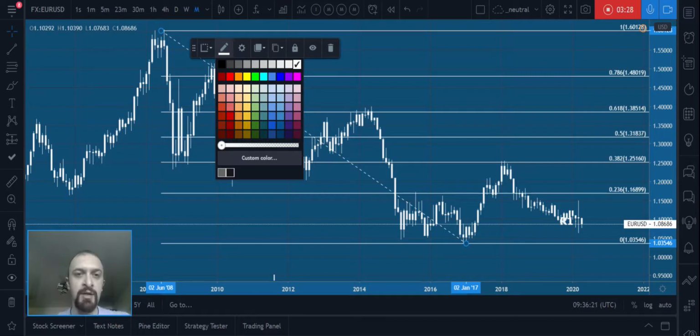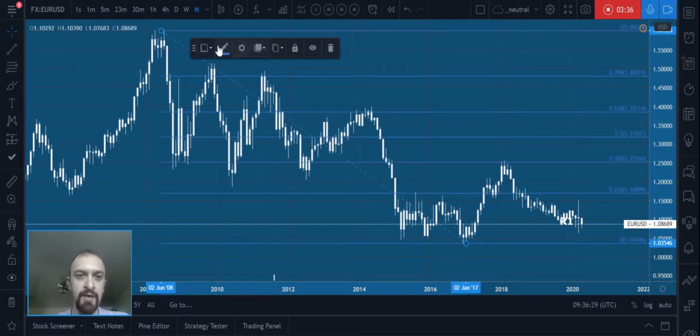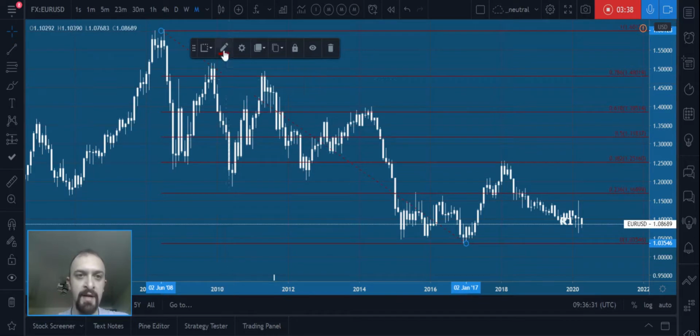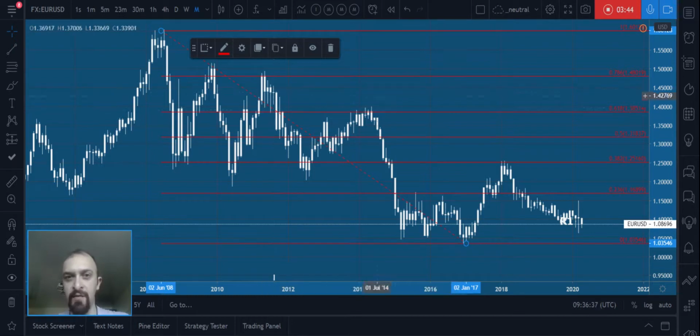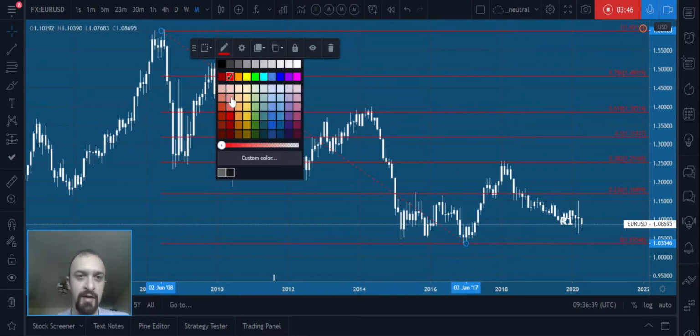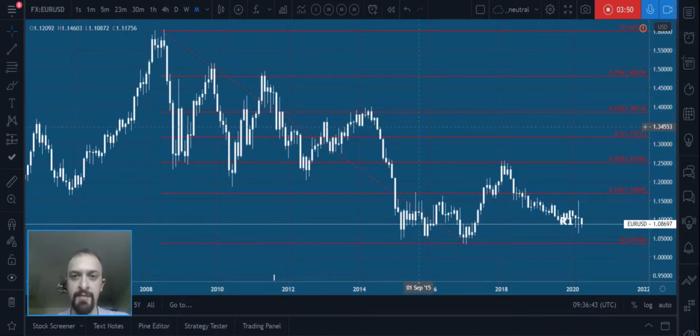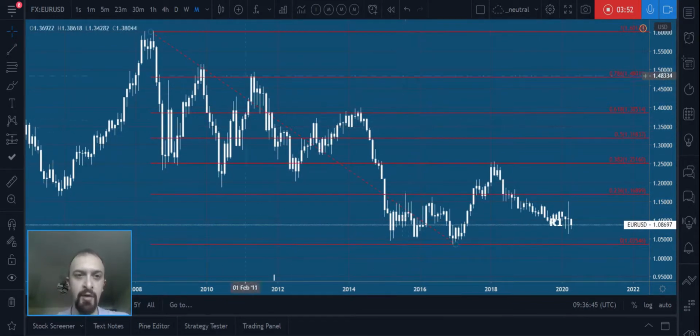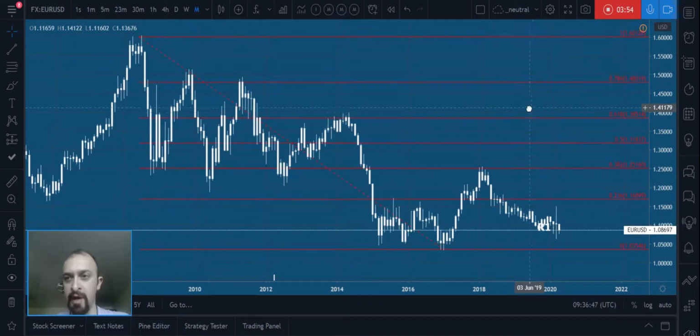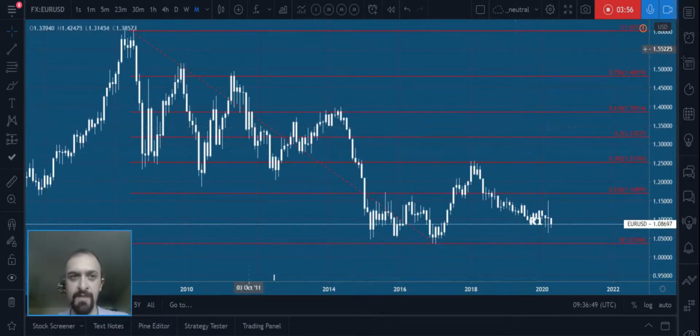Okay, so I'm gonna use a little bit darker colors, for example a red, I think, to mention and diagnose signals in a very fast way. So I think this red will be great. Okay, now we have the long-term most important prices based on Fibonacci.